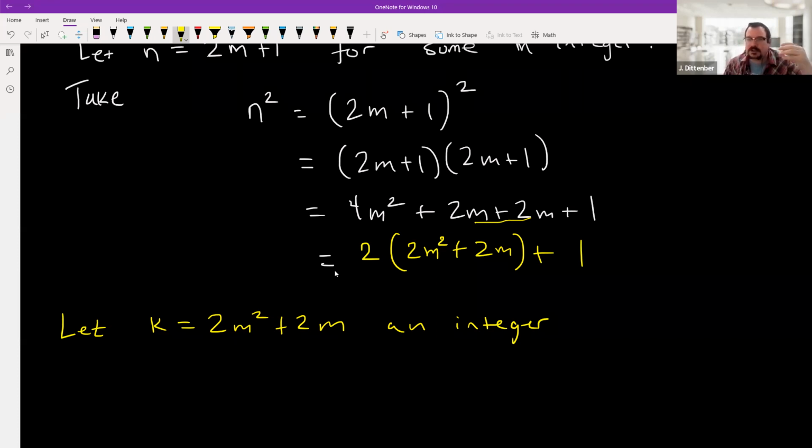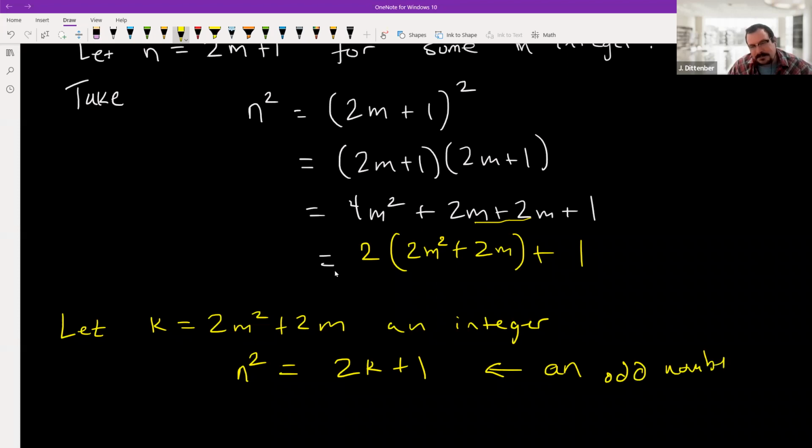So we said earlier, multiplication of integers times integers produces integers, and adding integers also produces integers. So here we definitely get an integer. So we get that n squared is equal to 2k plus 1, which is definitely an odd number. And that's what we wanted to prove.